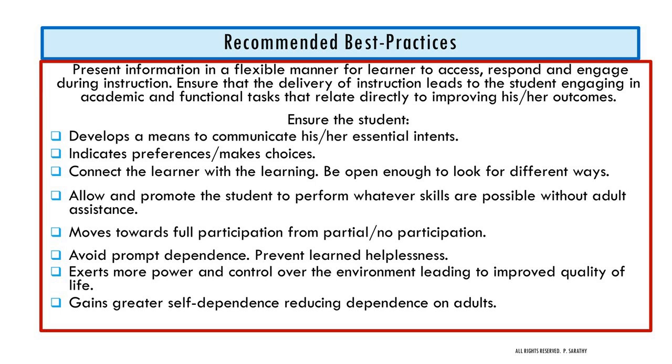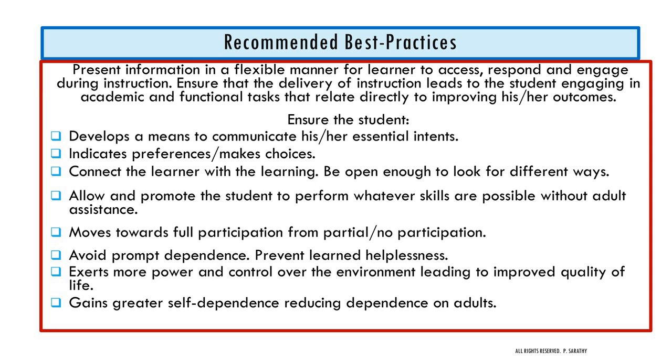They would rather let the other person do the task for them than initiating or taking responsibility or doing the task themselves. It helps them to exert more power and control over the environment. And it improves the quality of life and leads to meaningful life outcomes, functional outcomes for the student.